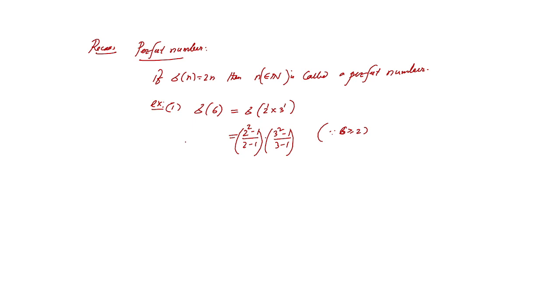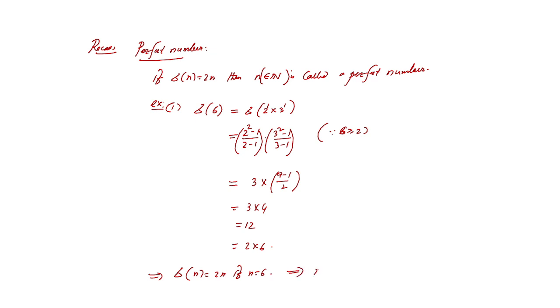Okay, so that will be 4 minus 1, that means 3, multiplied by 9 minus 1 by 2, so that means 3 into 4, this will be 12, and that we can write 2 into 6. So that means here sigma of n equals 2n if n equals 6.